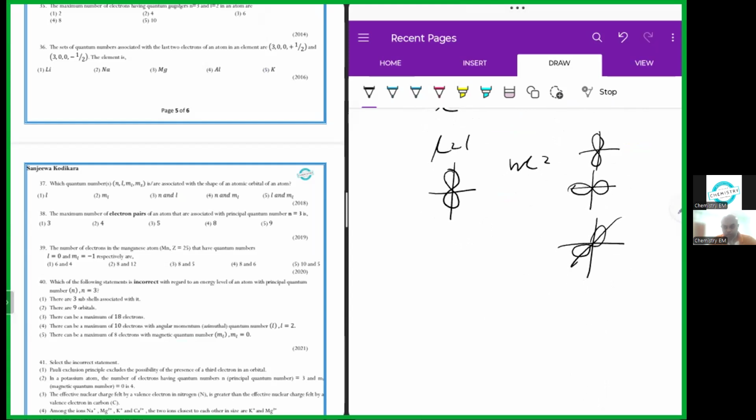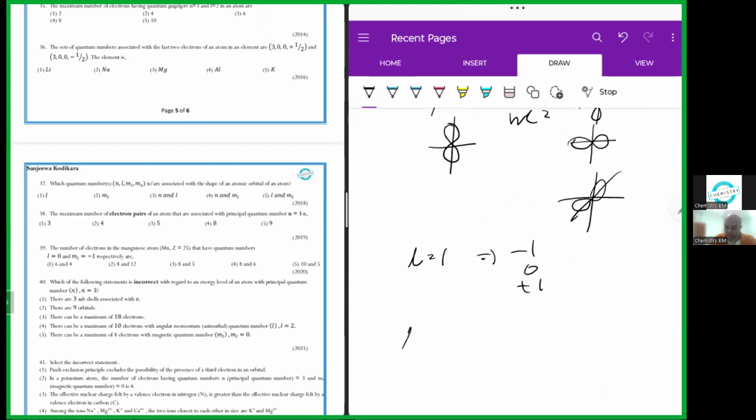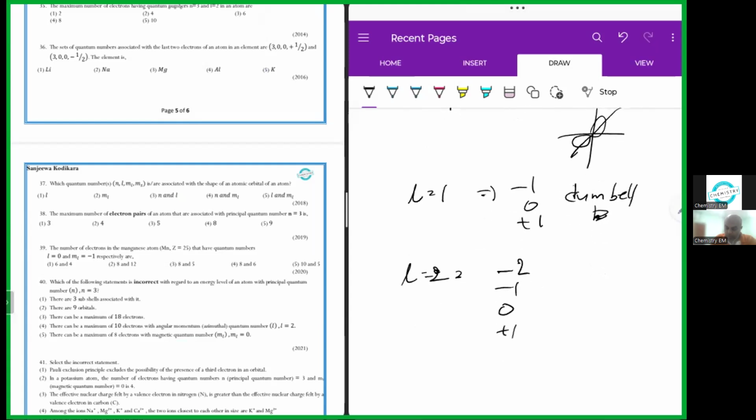The answer is very simple, right? So when L is equal to 1, we can have -1, 0 and +1, right? So these are dumbbell shapes. When L is equal to 2, we have -2, -1, 0, +1 and +2.